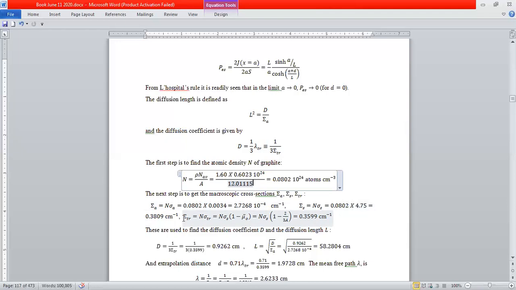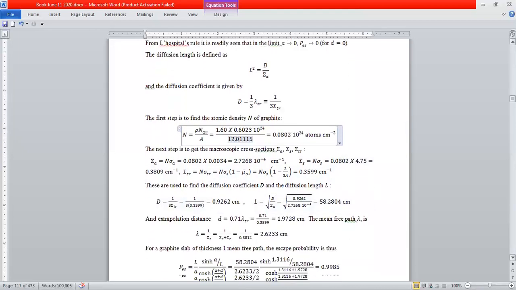Now do this yourself. I've assumed that the transport cross section is sigma S times 1 minus mu naught bar, and mu naught bar is 2 over 3A to correct for the angular scattering. So we've got all three of our quantities, and we can now find the diffusion coefficient, which is just less than 1 centimeter, and the diffusion length, which is 58.28.